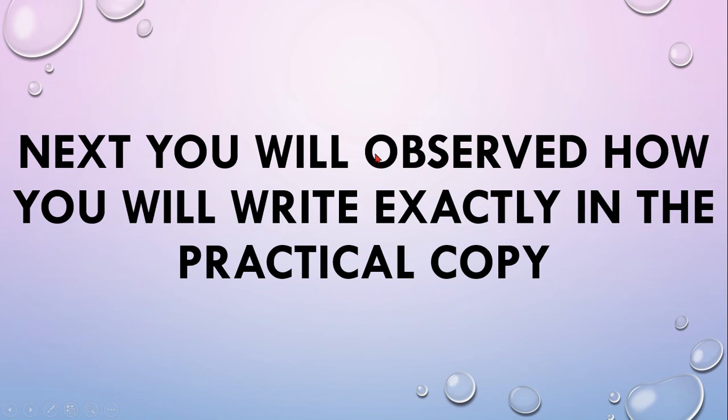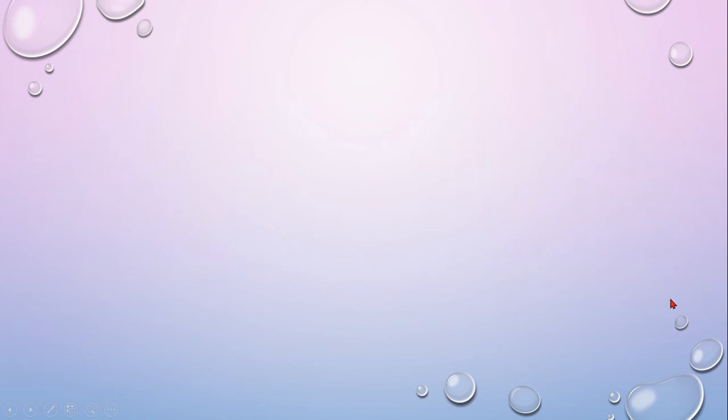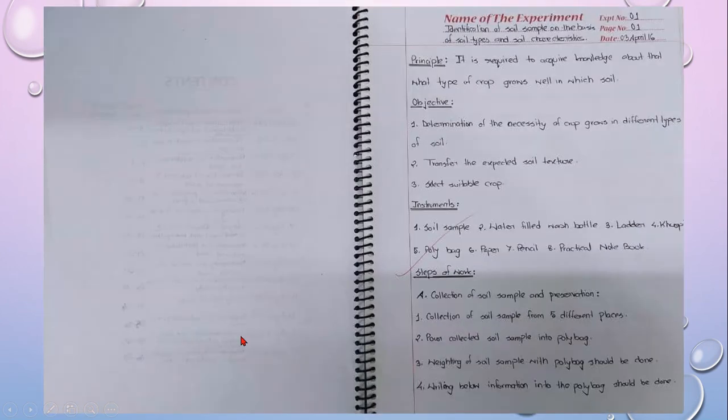And now next you will observe how you will write exactly in the practical copy. So if you have a look, this is your practical copy. At the first I already talked about how you write the practical copy. The left side will be empty, nothing will be written here. Where you find the margin, you should write things like name of the experiment, experiment number, page number, and the date.